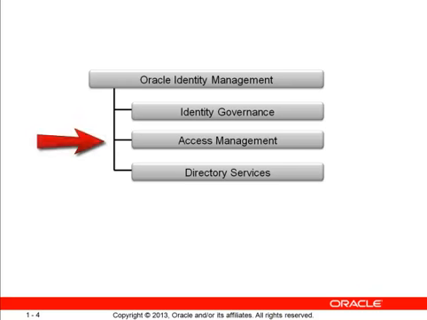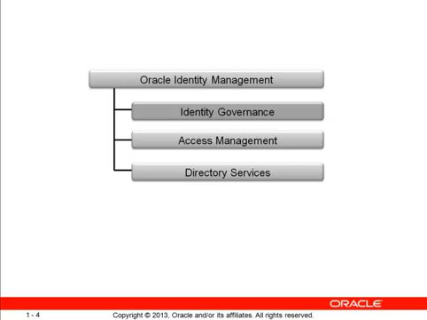Access management facilitates authentication of resource-related accounts for users and organizations and authorizes them to access their accounts. Directory services provide efficient services such as storage, lookup, synchronization, replication, and virtualization of identity management data across identity directories.